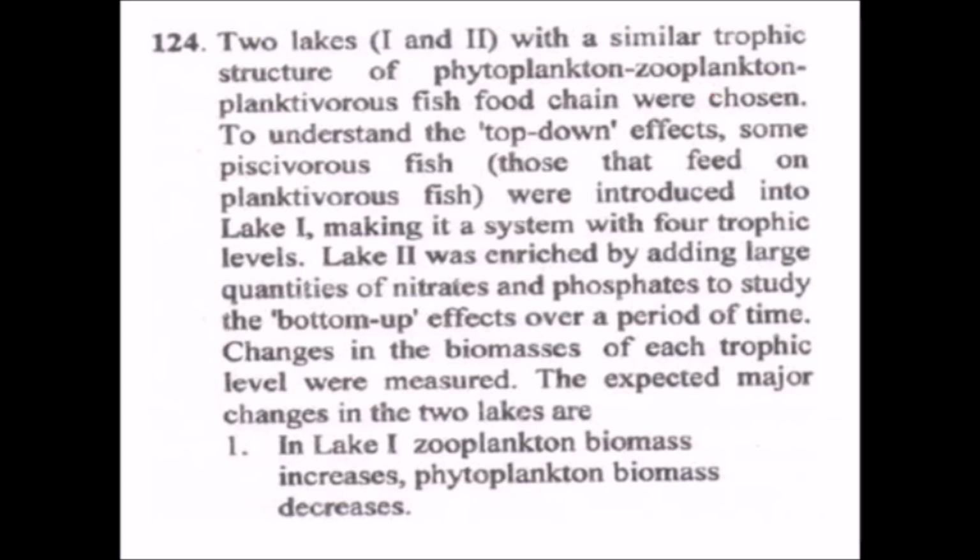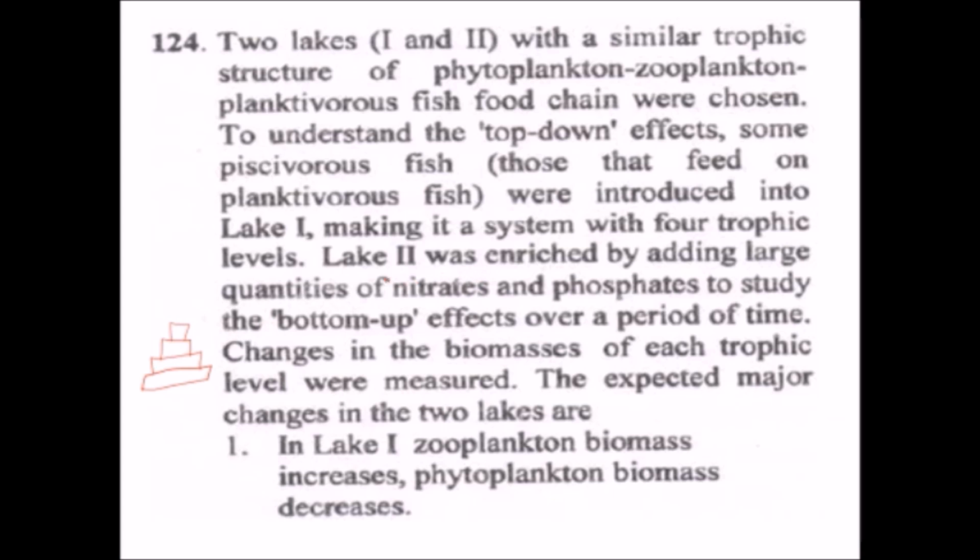Here the question is given: two lakes, 1 and 2, with a similar trophic structure of phytoplankton, zooplankton, and planktivorous fish in the food chain, were chosen to understand top-down effects. Some piscivorous fish, those that fed on planktivorous fish, were introduced into Lake 1, making it a system with four trophic levels. Four trophic levels means something like this: trophic level 1, 2, 3, and 4.